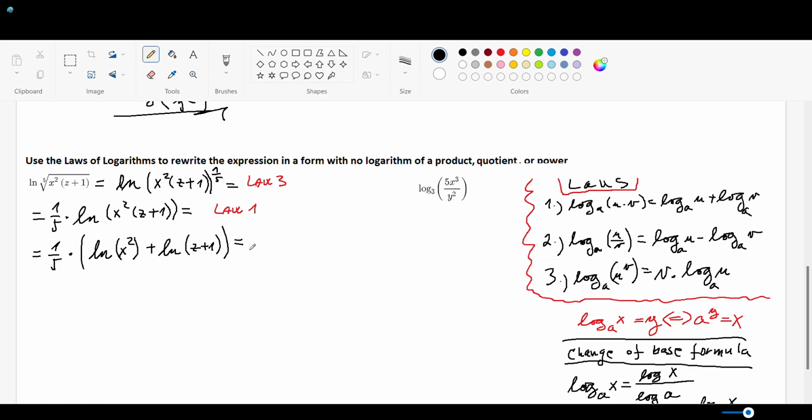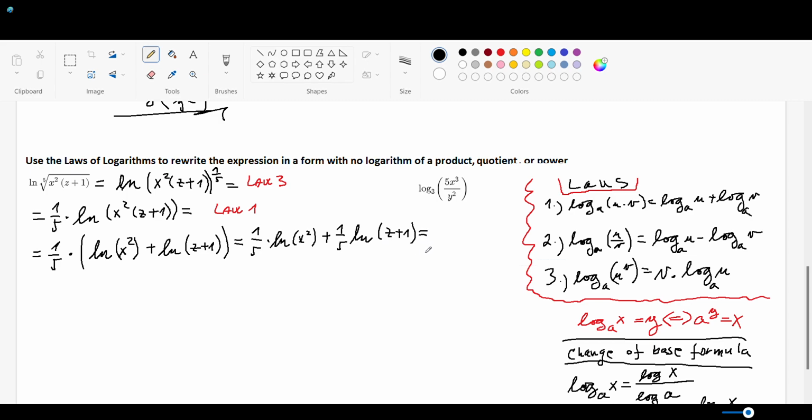It is equal to, now we will do the distribution: 1 over 5 times the natural logarithm of x squared plus 1 over 5 times the natural logarithm of z plus 1.